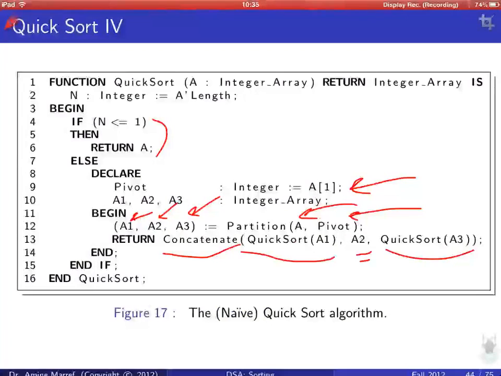Yes, log n. So in merge sort we have log n partitioning levels.